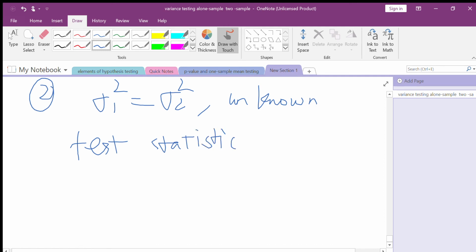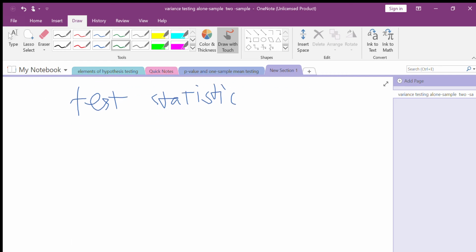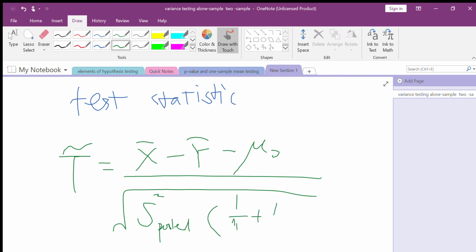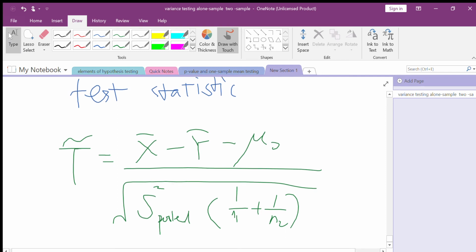The test statistic is T tilde, equal to x bar minus y bar minus mu0 divided by the square root of capital S pooled times 1 over n1 plus 1 over n2, and this follows a T distribution with n1 plus n2 minus 2 degrees of freedom.